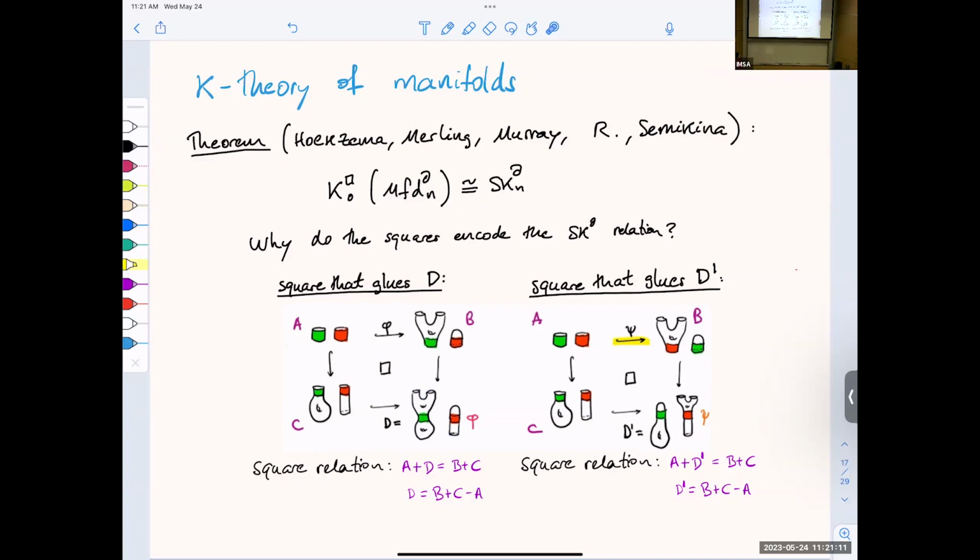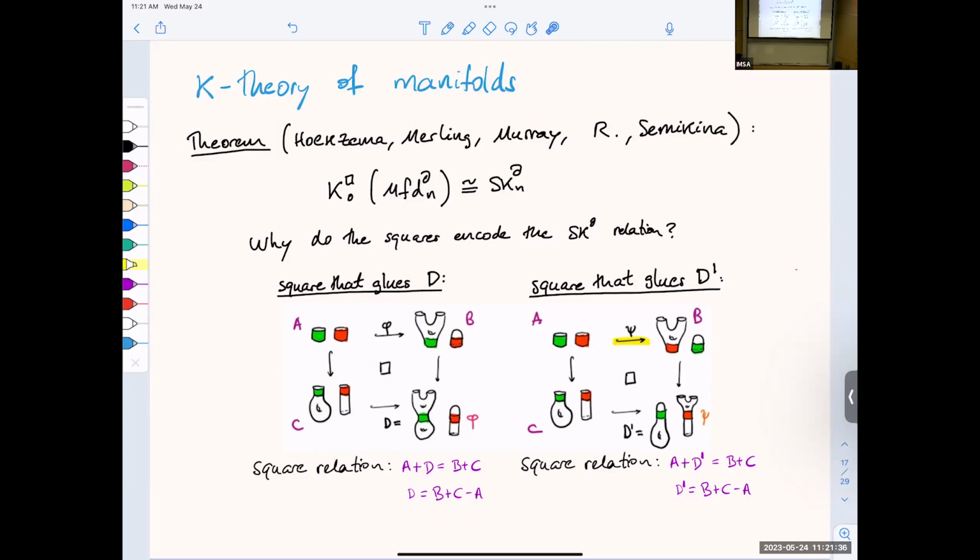Well, I know that if I take this distinguished square later on in my K-naught group, that's going to establish the relation that A plus D is equal to B plus C. So I have this diagonal and the other diagonal: A plus D equals B plus C. Essentially I can rewrite that as D equals B plus C minus A.